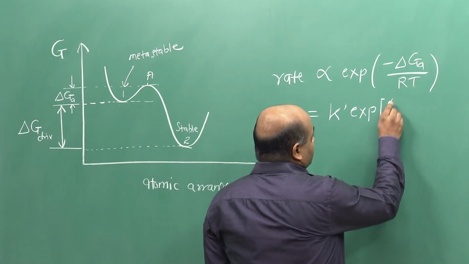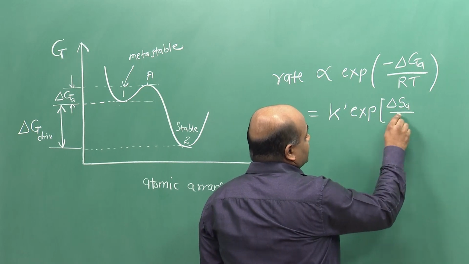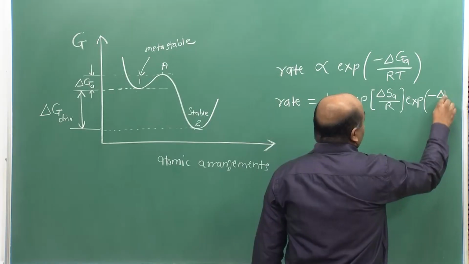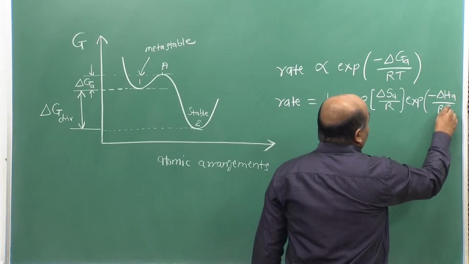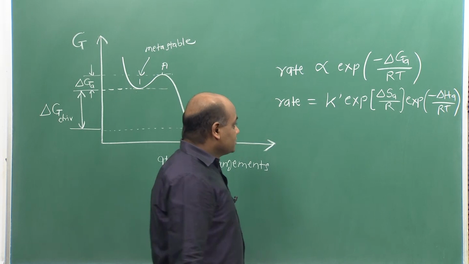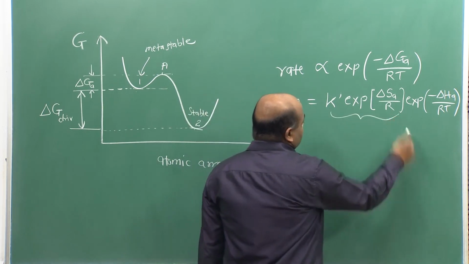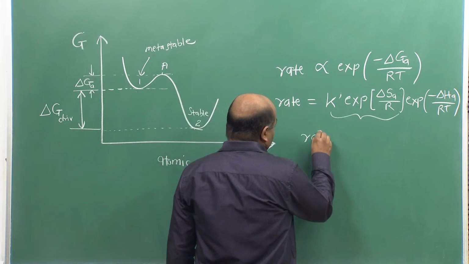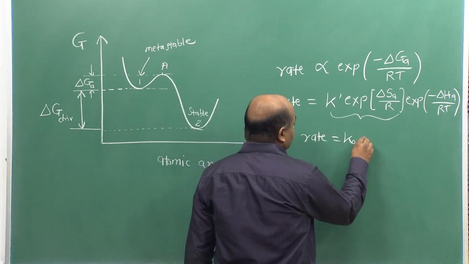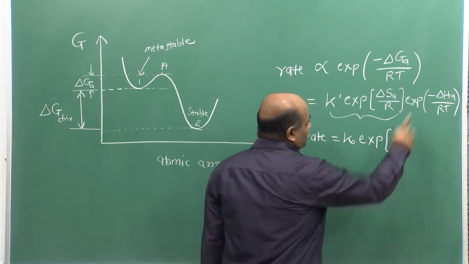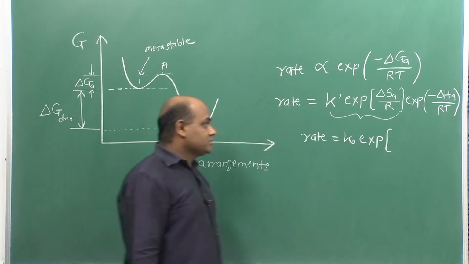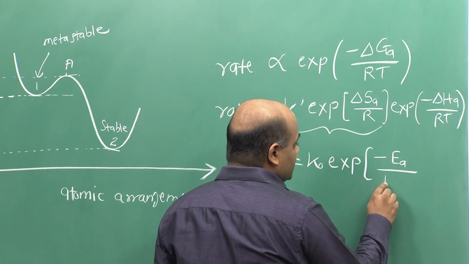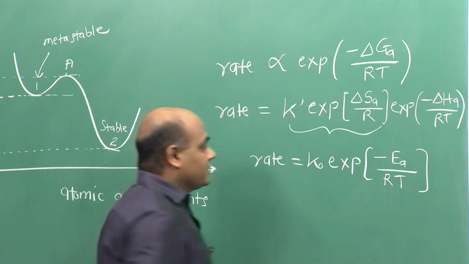So, we can write this as exponential of delta SA by R times exponential minus delta HA by RT. Usually these temperature independent terms are combined, and we can write rate is equal to K0 exponential minus EA by RT, where the activation enthalpy is usually denoted by EA.